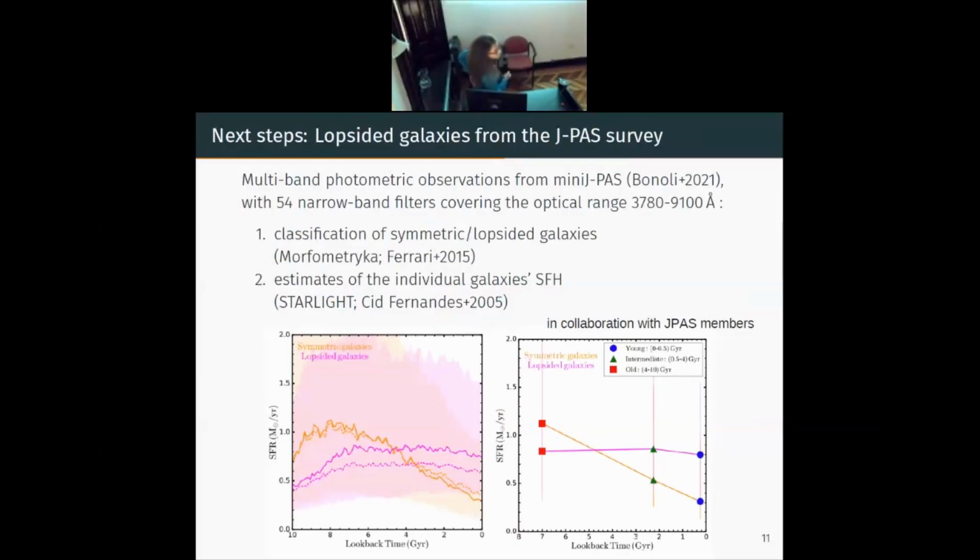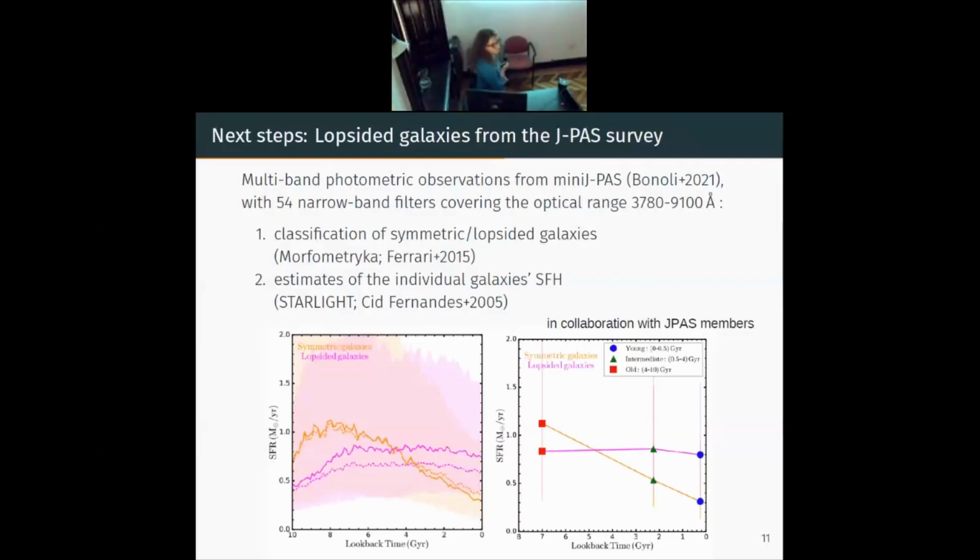So from this project, the follow-up that we would like to do, and we have started, is to verify these results, that lopsided and symmetric galaxies have different star formation histories, using the JPAS survey, which is characterized by 54 narrowband filters. So it allows for a stellar population study similar to IFU.